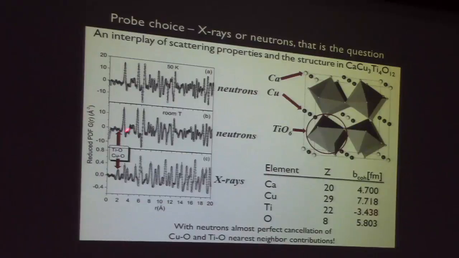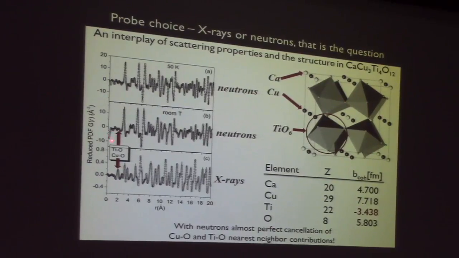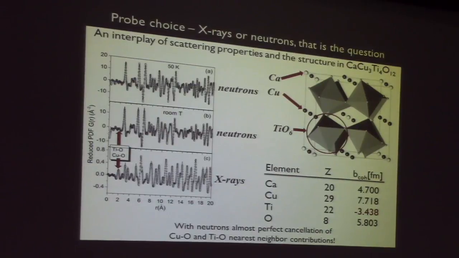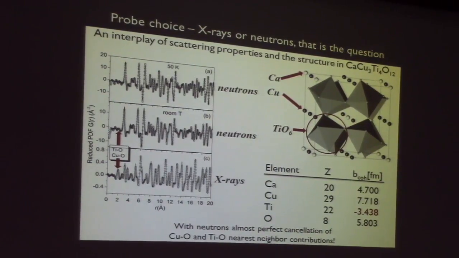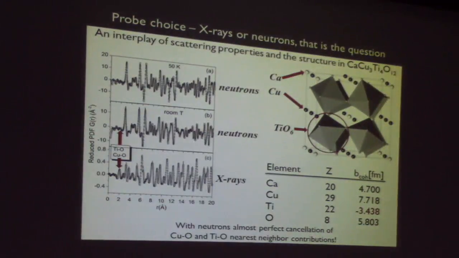So it turns out that peak, by coincidence, is completely absent in the neutron data, but it's nice and strong in the X-ray data. So these are things that, on the one hand, you have to play around with before you choose your experiment. On the other hand, you can use them to design a better experiment, but they're just things to think about. I didn't have too much more.